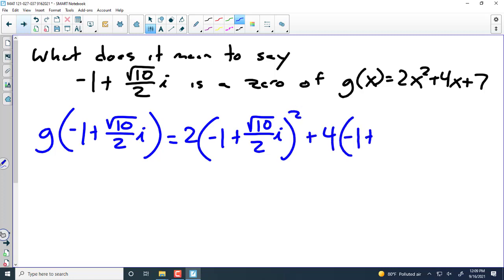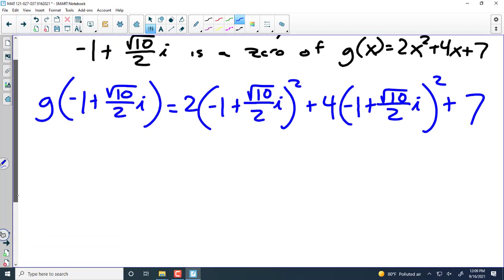But I kid you not, everyone, this mess plugged into this equation will simplify down to the number 0. And I'm going to show you that. So you'll remember that that's what a 0 is. Whether it's the number 2 that makes an equation go to 0, or it's the number -1 plus the square root of 10 over 2i that makes it go to 0, this will make this go to 0.